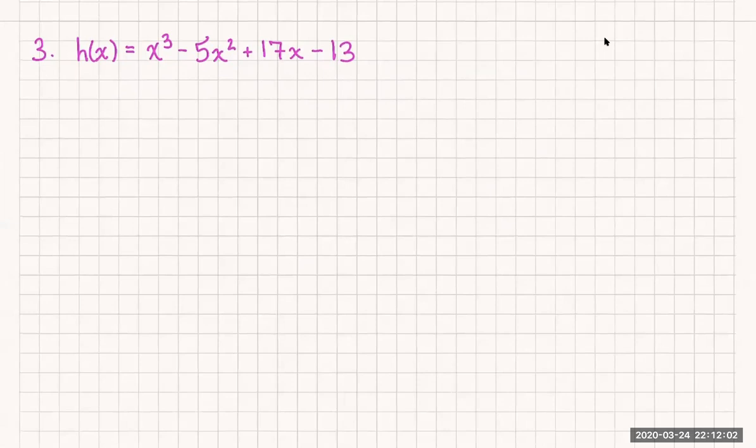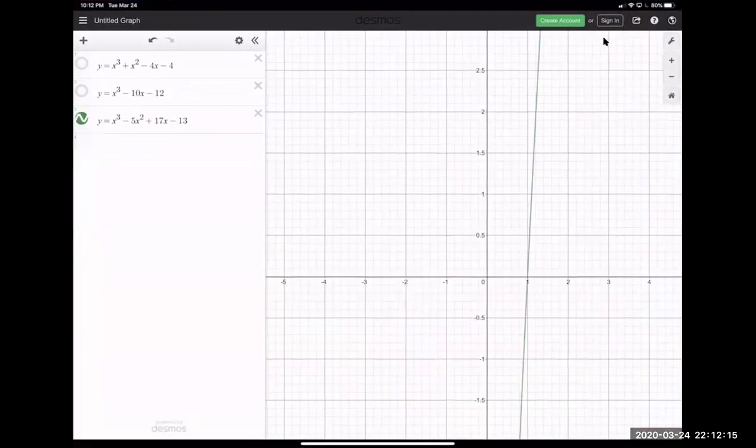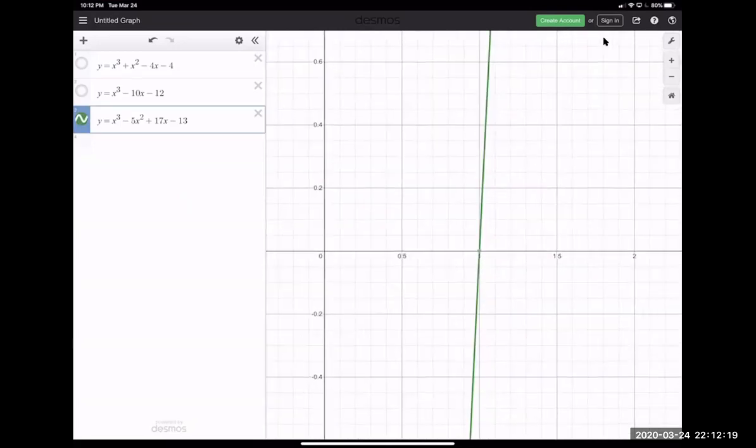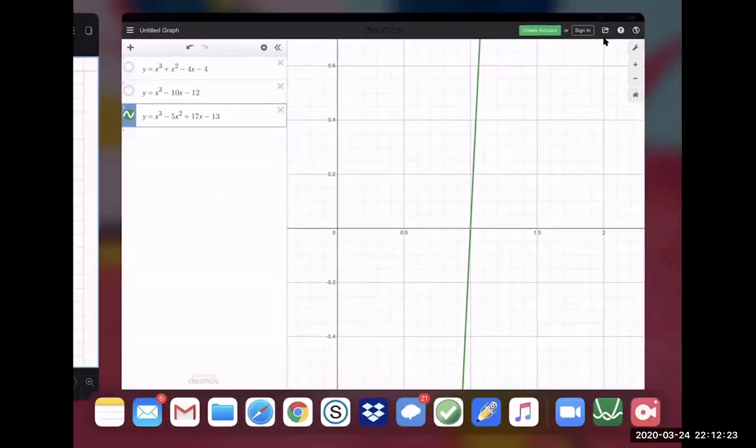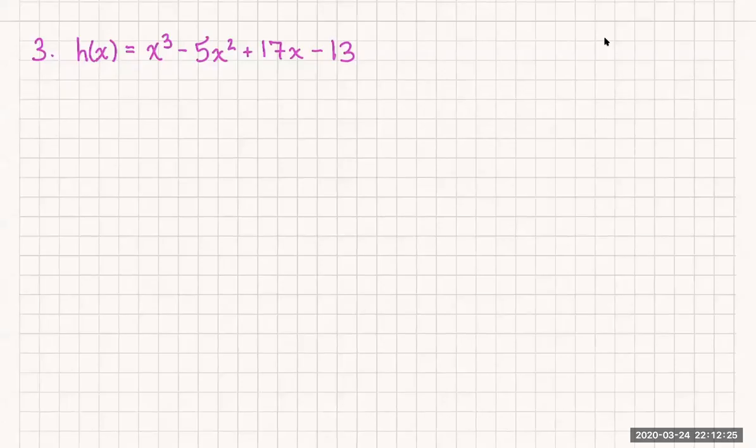h of x equals x cubed minus 5x squared plus 17x minus 13. Well, what do we do? Okay, so the first thing you should do is graph it. And we see that it crosses, in this case, the x-axis at 1. So I know that one of my zeros is 1.